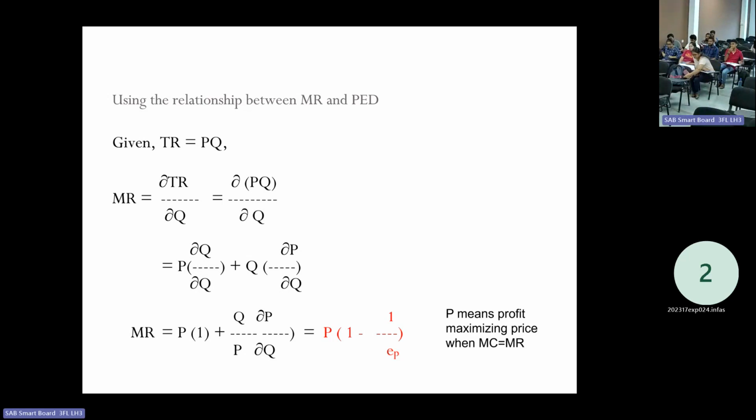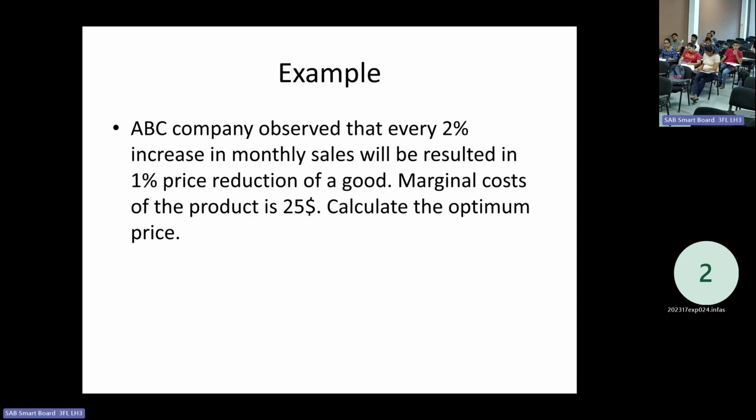That will explain the optimum price and the profit maximization level. Here P means the optimum price charged when the total revenue is maximized, or at the profit maximizing level. So keep in your mind, this price is the optimum price.